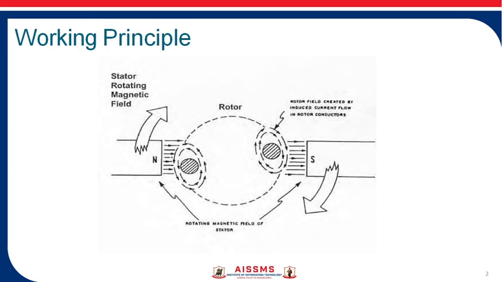The rotating magnetic field produces an effect of rotating poles around the rotor. The direction of rotation of this rotating magnetic field is clockwise, as you can see in this diagram.